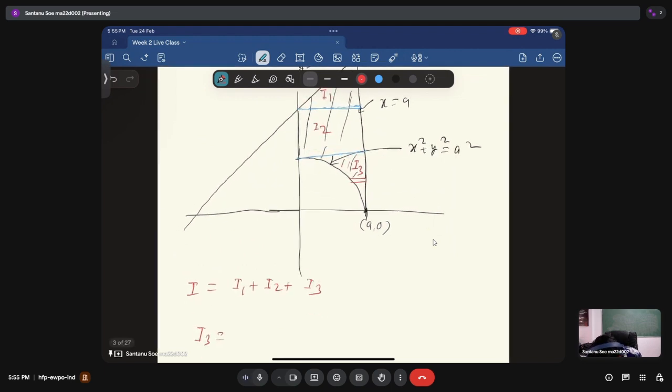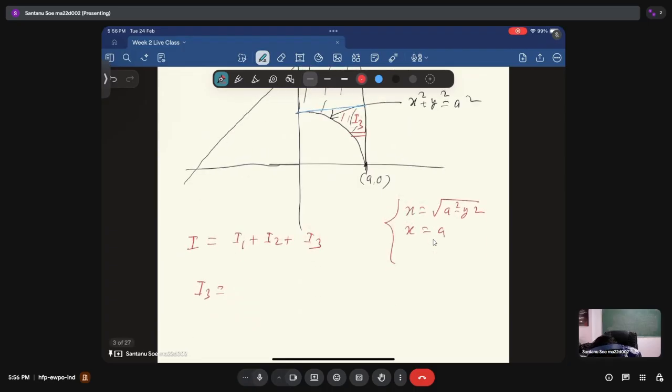So that means the x value is varying from x equals to square root of a square minus y square to x equals to a. So this is our x limit, square root of a square minus y square to a.